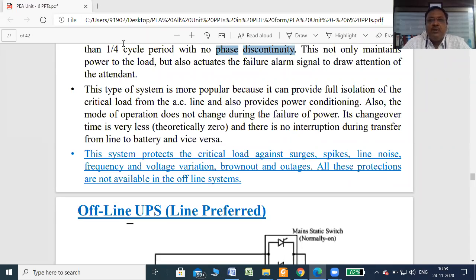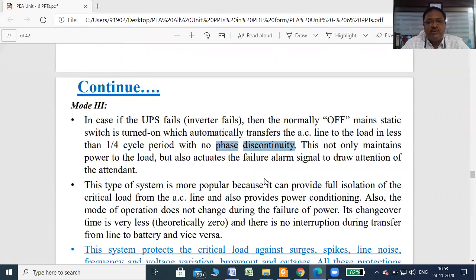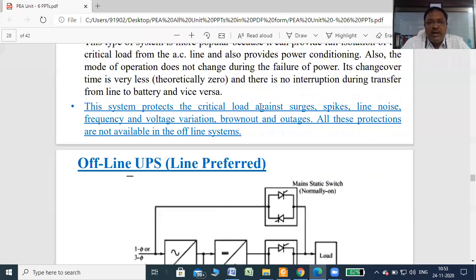Anyone? See, this above circuit, the online UPS, protects your load against surges, that is, any high current or voltage surge, then spikes, line noise, and frequency and voltage variation. Why is this circuit capable of protecting your load from these situations?